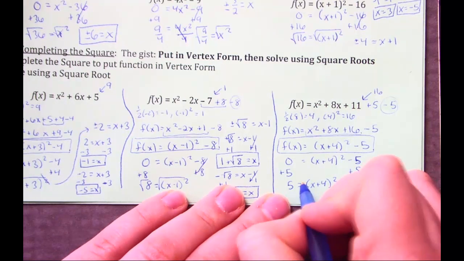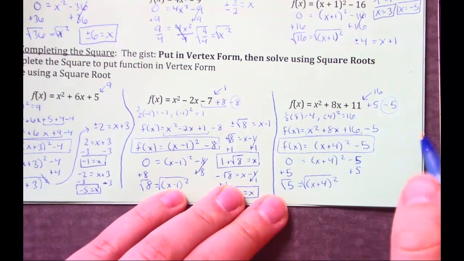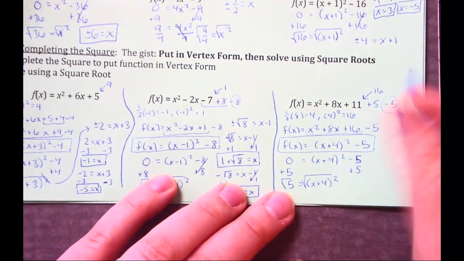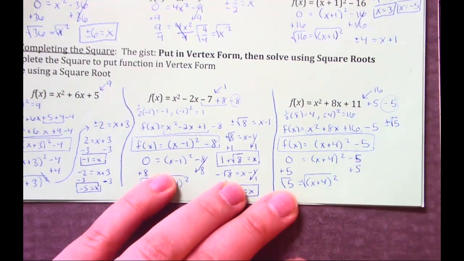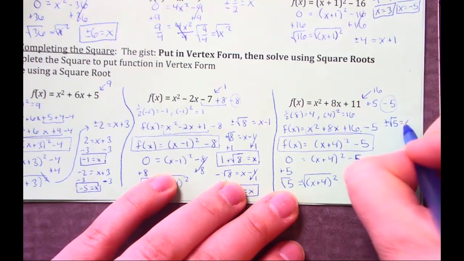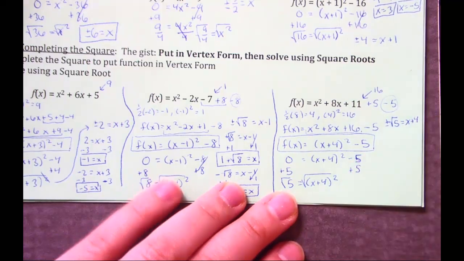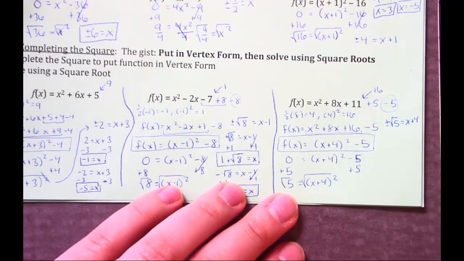And then I'm going to square root both sides. So I'm getting plus or minus the square root of 5 equals x plus 4.